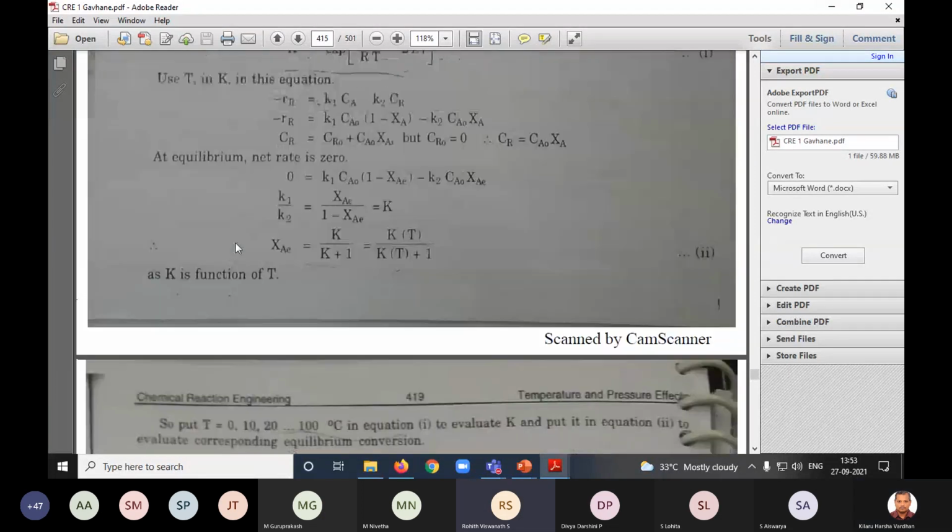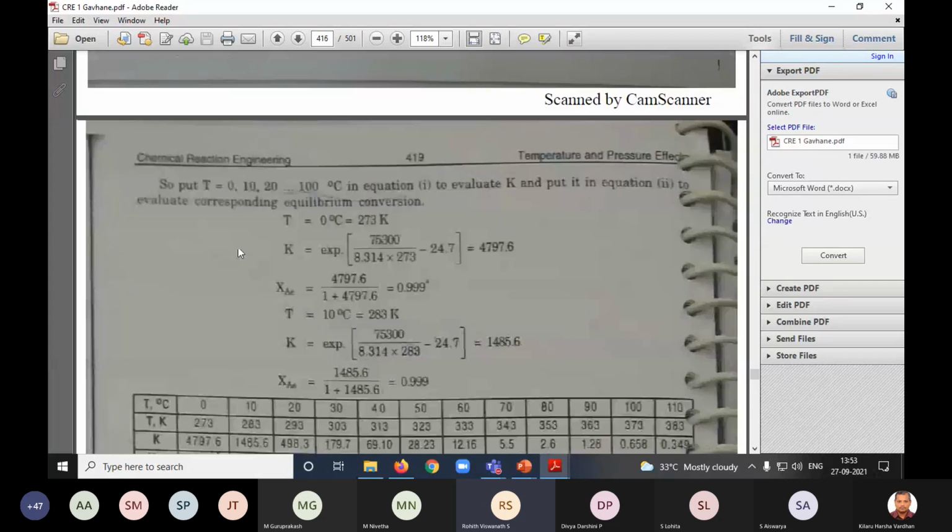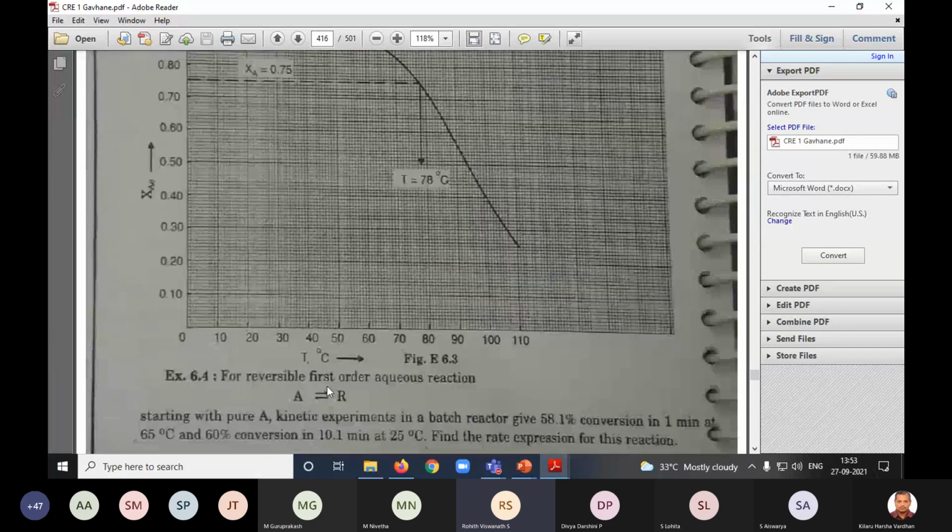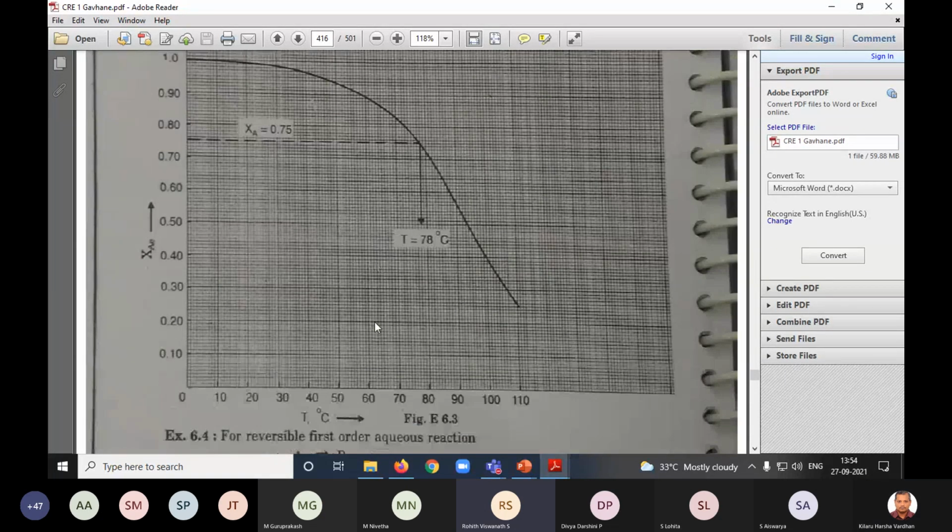From the graph, it is clear that the temperature above the graph they have given the final line. Yes, sir. XA is 75. For a 75% conversion, your temperature is around 78. If you operate your reactor at 78, then you can get XAE as 75.